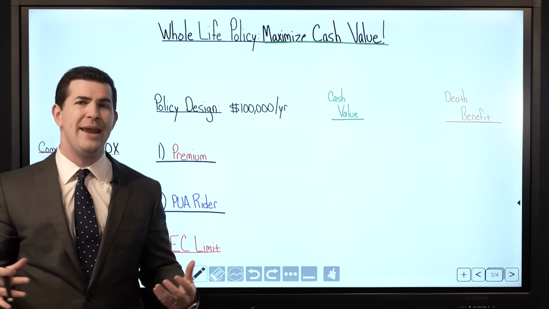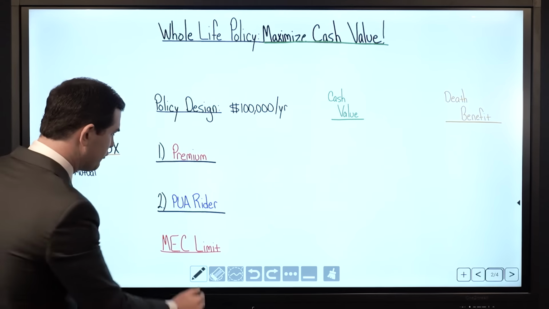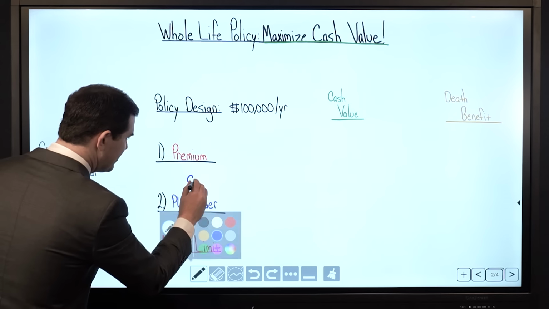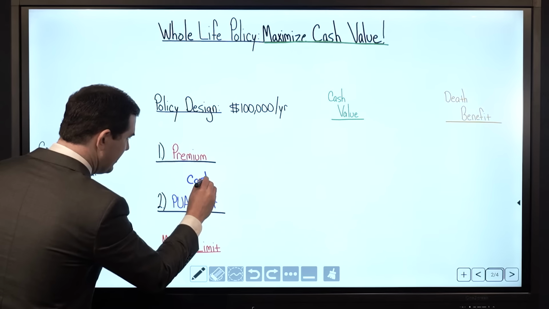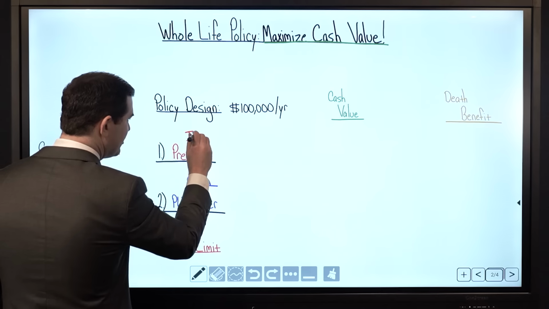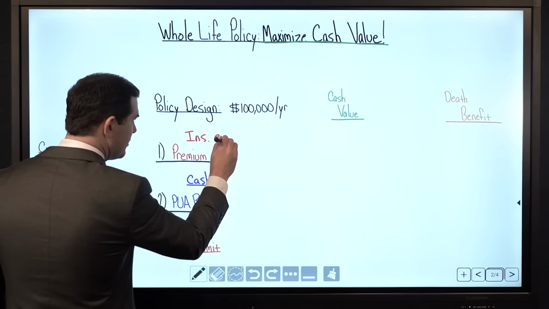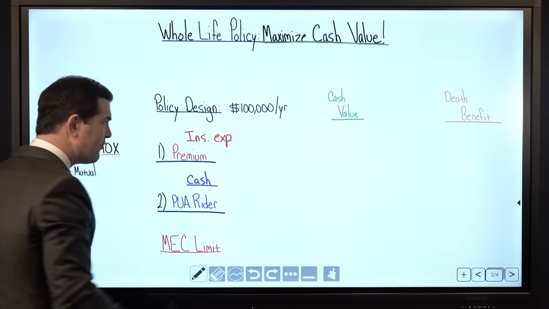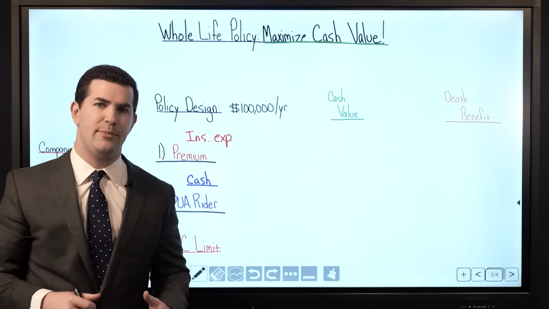PUA stands for Paid Up Additions Rider. I'll often refer to this, for simplicity, as a cash dump-in, and you'll see why in a second. So the premium, I like to refer to as the initial insurance expense. And then the PUA rider, I'll refer to as a cash dump-in.